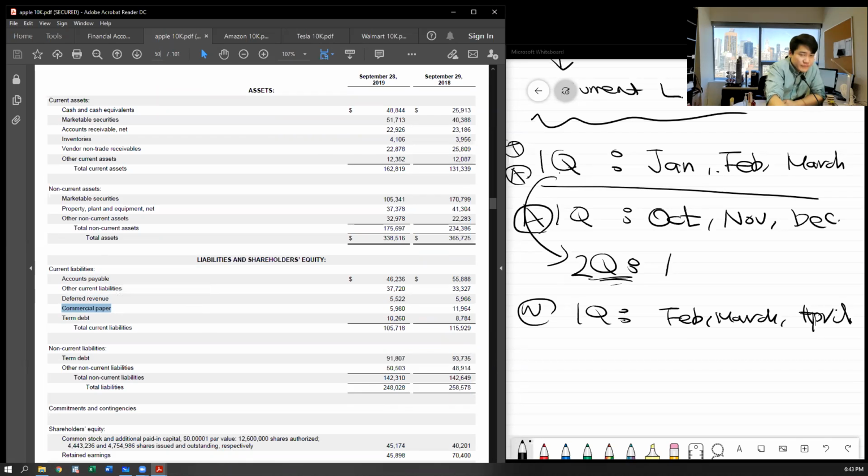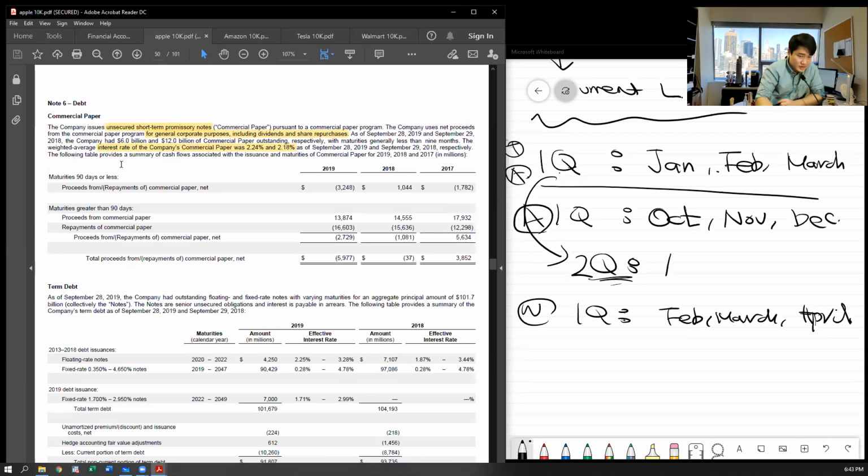So just briefly, I wanted to go over what commercial paper is. The company issues unsecured short-term promissory notes, or in other words, commercial paper. Basically, that is the cash the company receives from issuing these promissory notes for general corporate purposes.